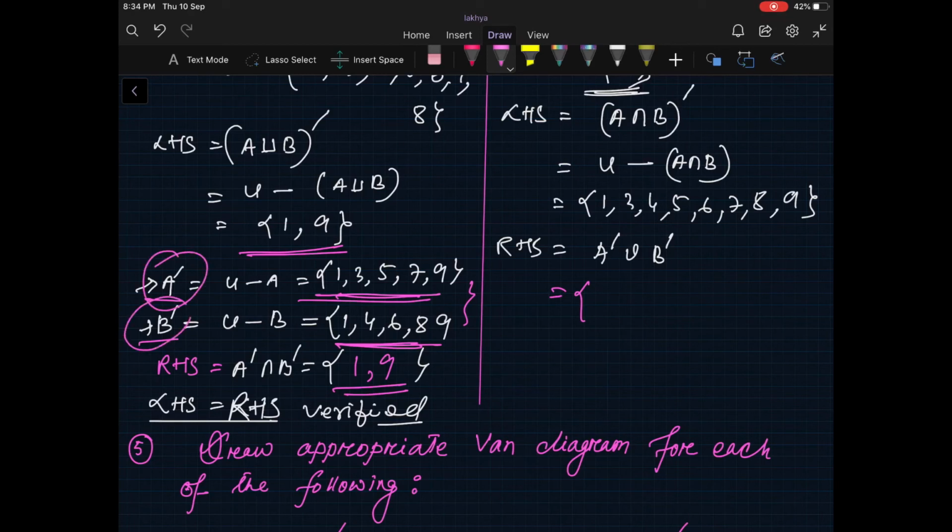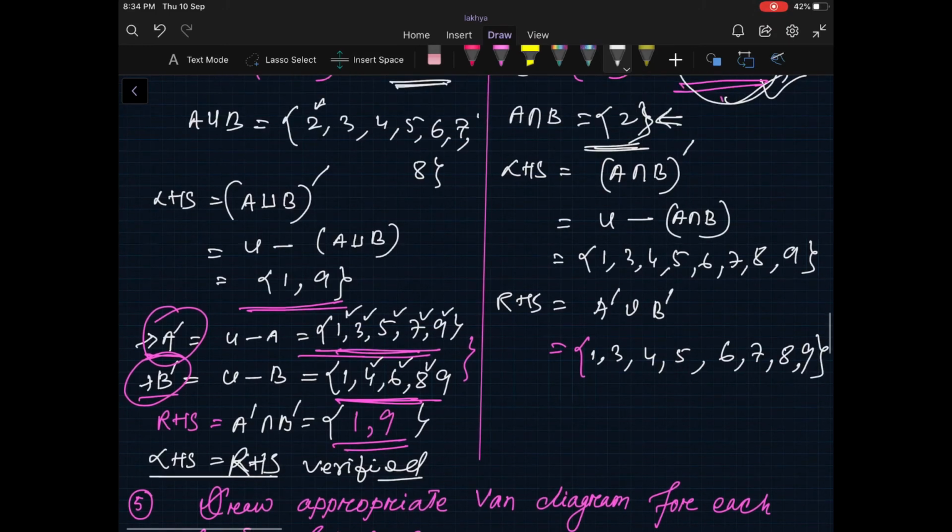It must be a set containing all the elements in A complement and B complement. So what are the elements here? 1, 3, 4, 5, 6, then 7, 8 and 9.